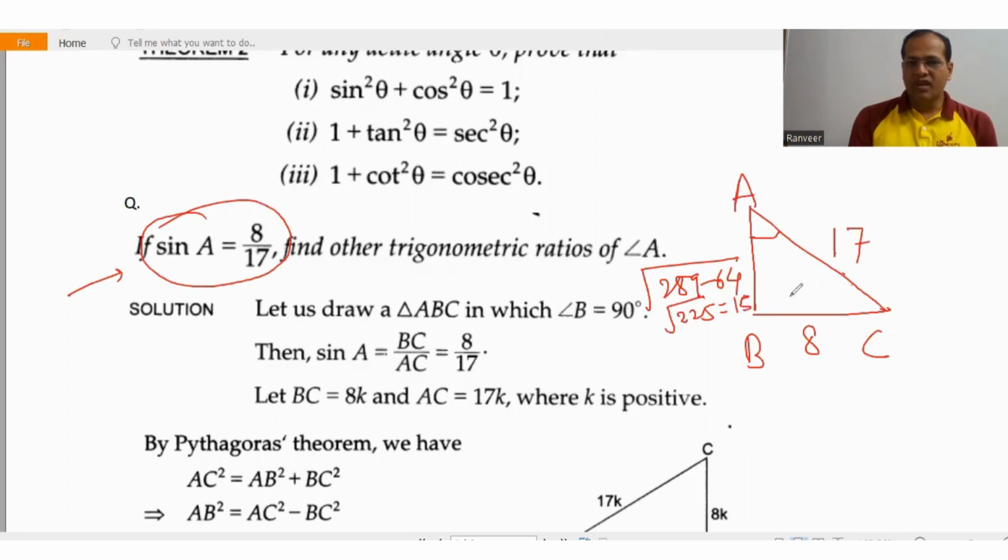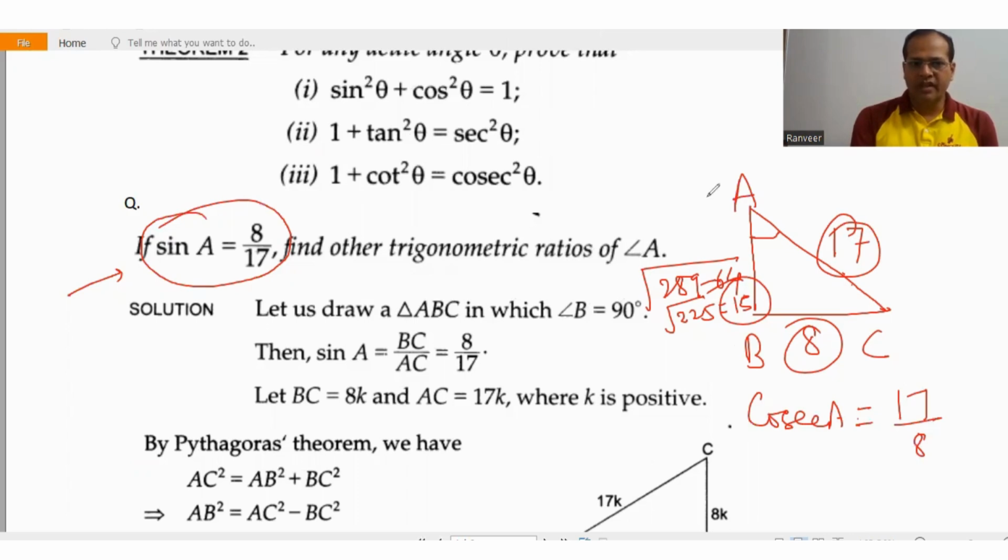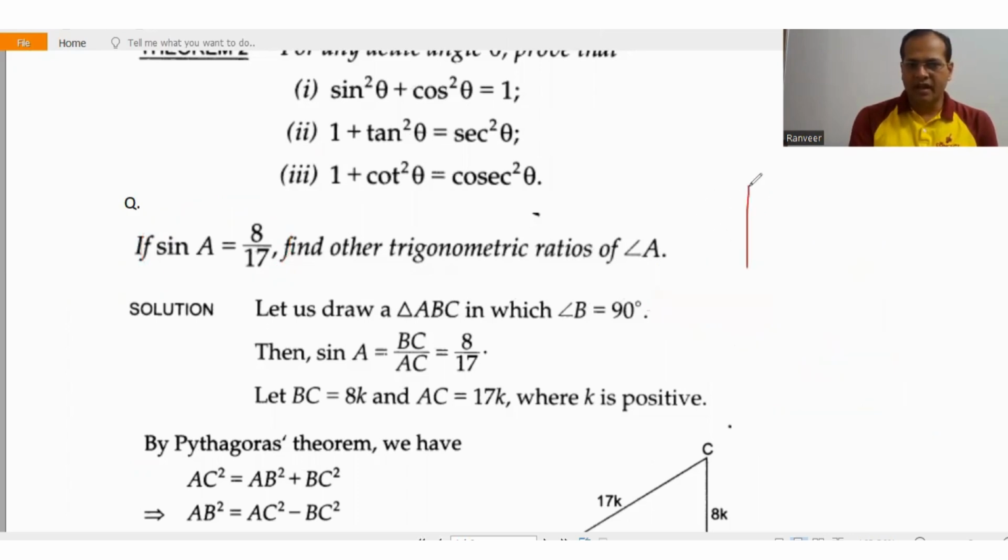Now, first of all, you have to draw this and write the three values. Sine A is given, so cosec A is just the reverse of that, that is 17 by 8. After that, in the triangle ABC we have drawn, this is angle A, this is 8, 17, and we got this as 15.